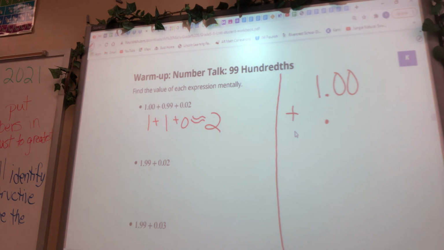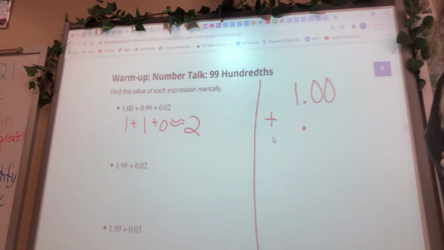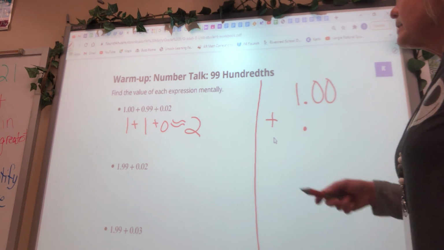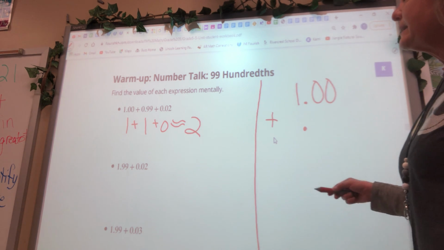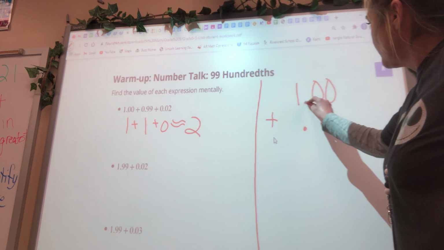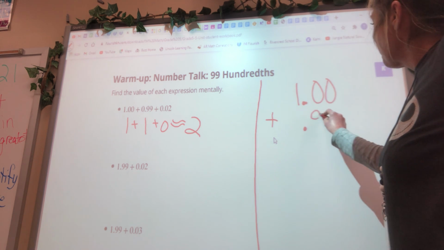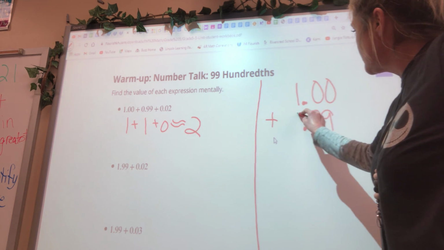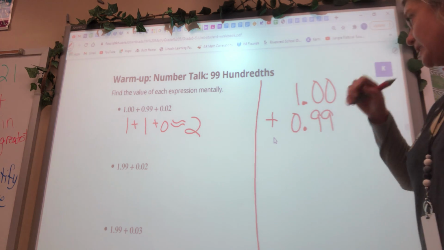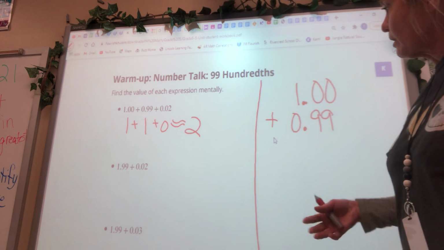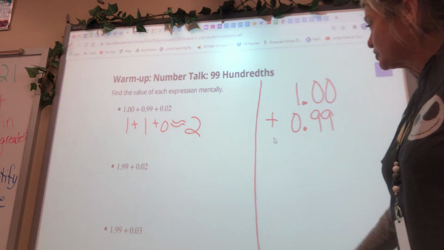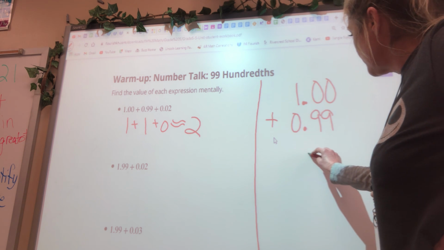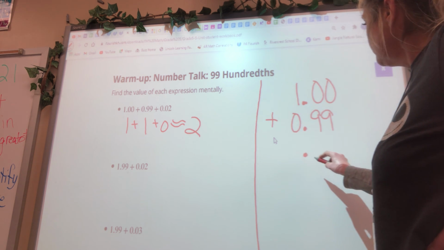So on this one, our second number, I know I'm making y'all dizzy today. It keeps falling over on me. All right, the second number was 0.99. So we line up our decimal points, 99. Now, you can go ahead and put the 0 over here. It doesn't change the value any, but I won't take off if you don't put that. Okay, and then our third number, we line up the decimal place again.